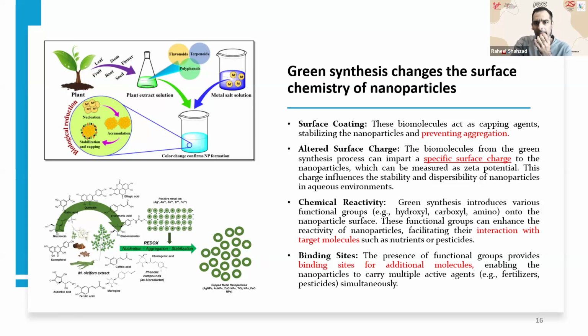For example, for chemical reactivity, we have different functional groups from the biomolecules, like hydroxyl, carboxyl or amino groups, and that can enhance the reactivity of nanoparticles and facilitate their interaction with the target molecules.